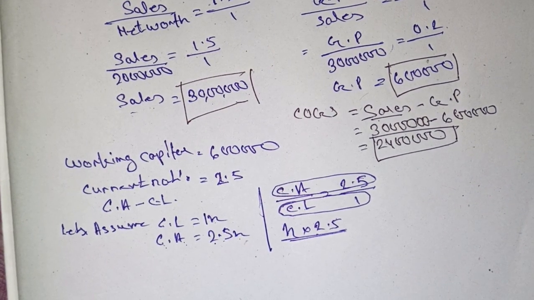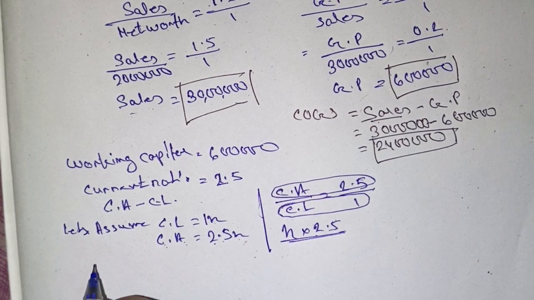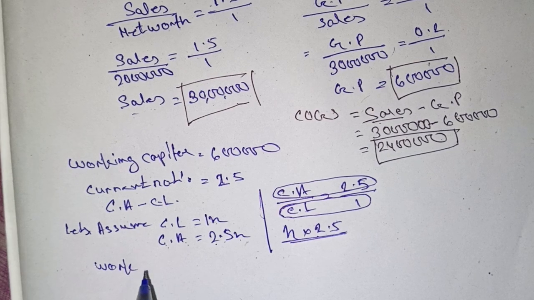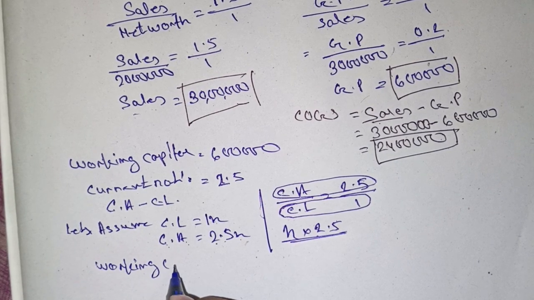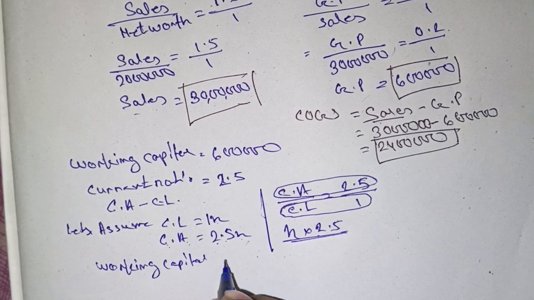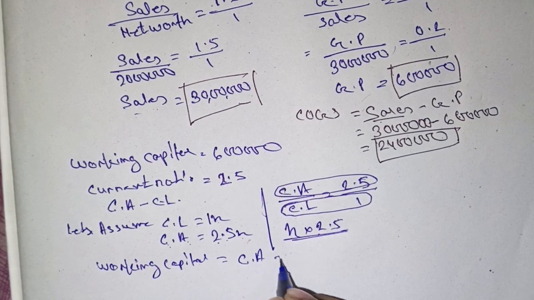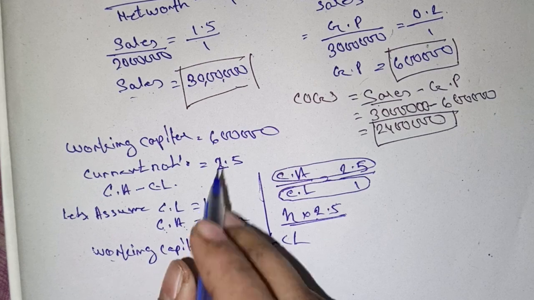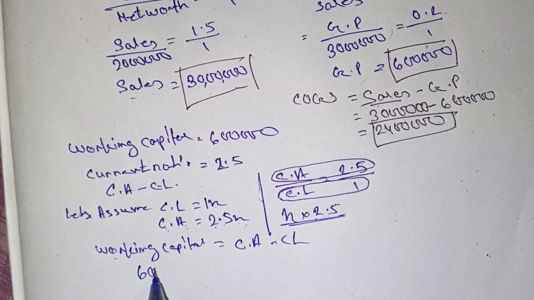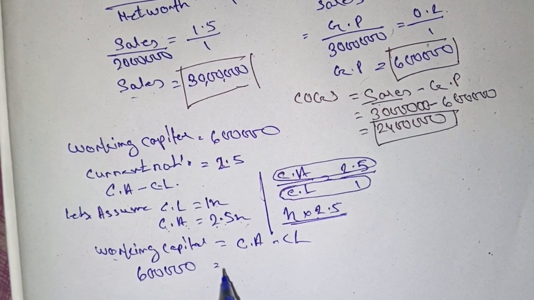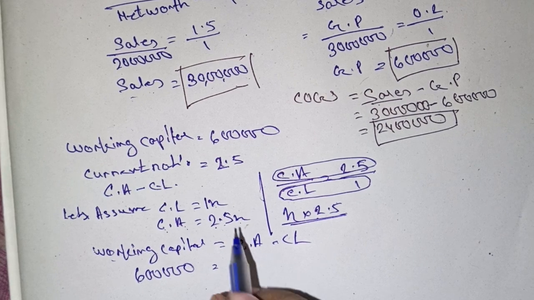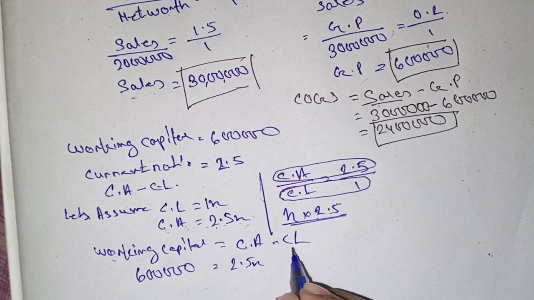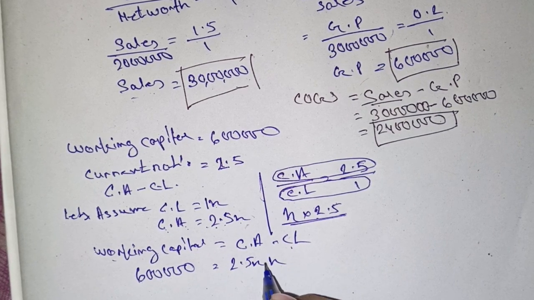Now, working capital equal to current asset minus current liability. This is our formula. Working capital is how much? 6 lakh. So 6 lakh equal to current asset 2.5x minus current liability x.